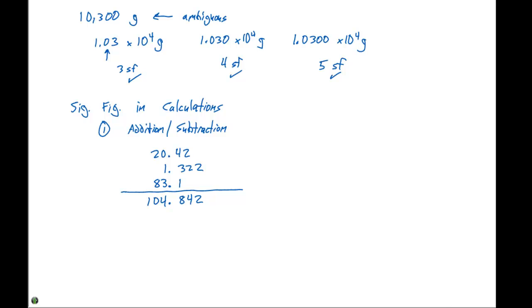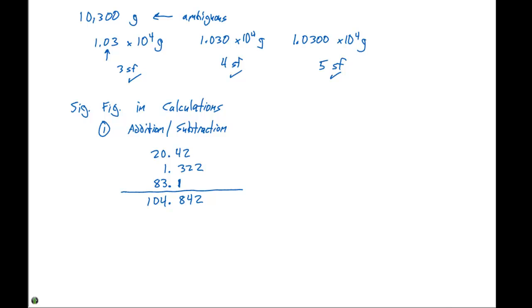When we have addition and subtraction, you have to look at the decimal place of the least significant. So in this case, the 83.1, we have the tenths place that's going to be the least significant.